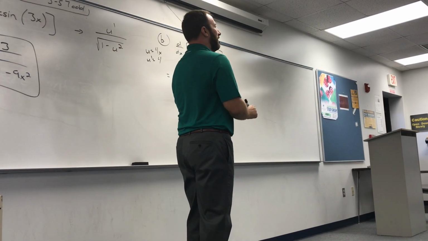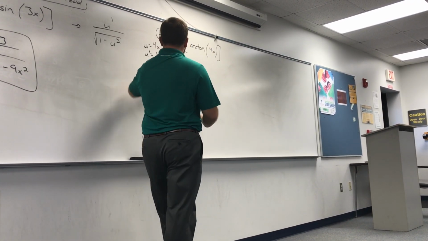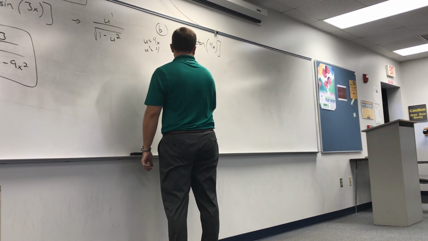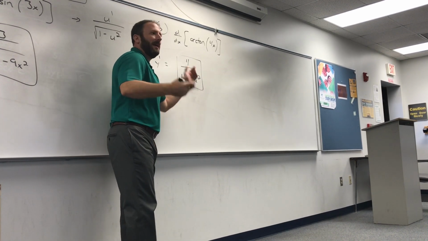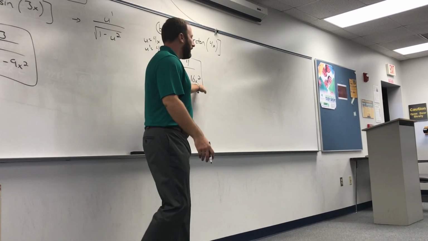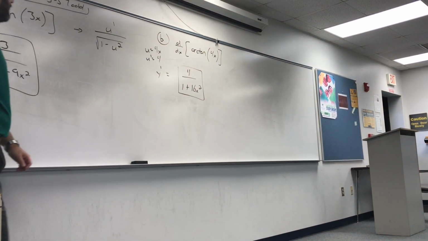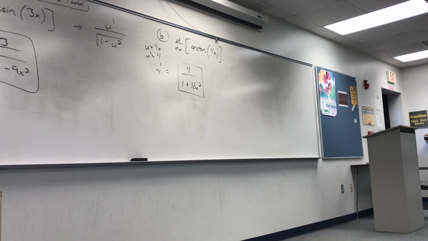Look at our tan, u prime up top, over 1 plus u squared, so 4x times 4x, 16x squared. Cool. If you want to swap them on the bottom, that's fine too. I'm probably going to leave it just like this because that's what the formula says, just so I can reinforce what the formula is. But if you want to swap them around on the bottom, that's fine too.